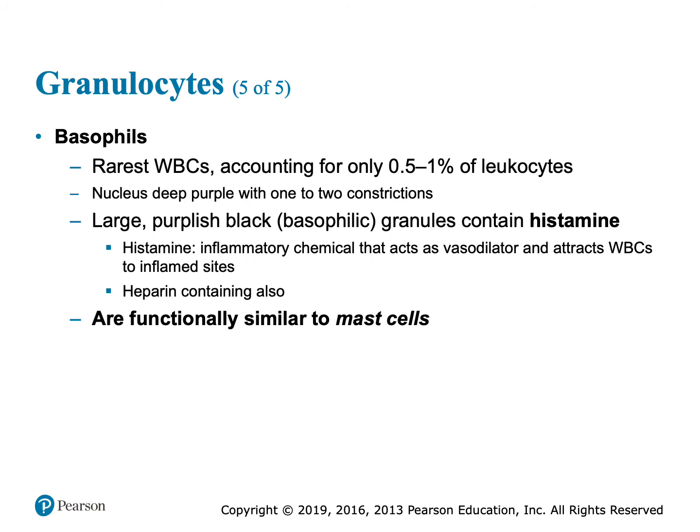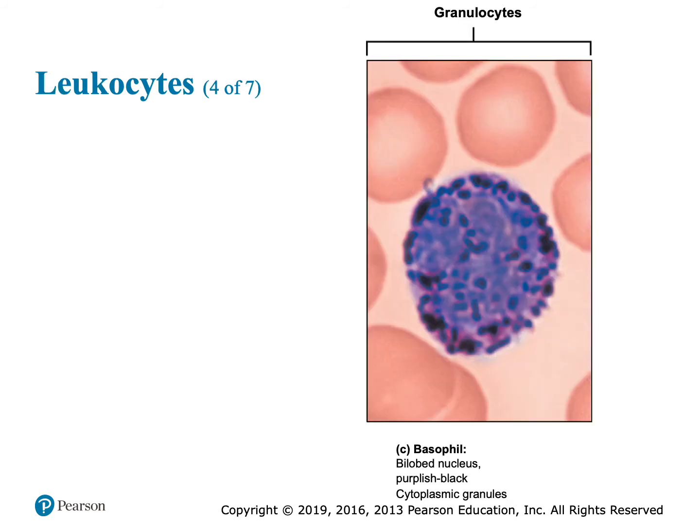And if they get into the tissues, they're going to be called a mast cell. So mast cells release histamine, that's why you take antihistamine. So they do play a role in inflammation as well as the eosinophils for allergies. Can't hardly see that nucleus, but it's in there.